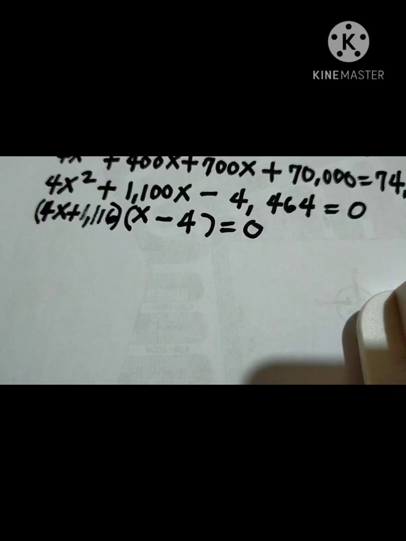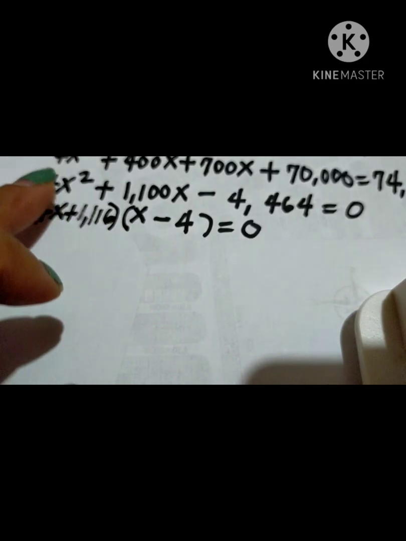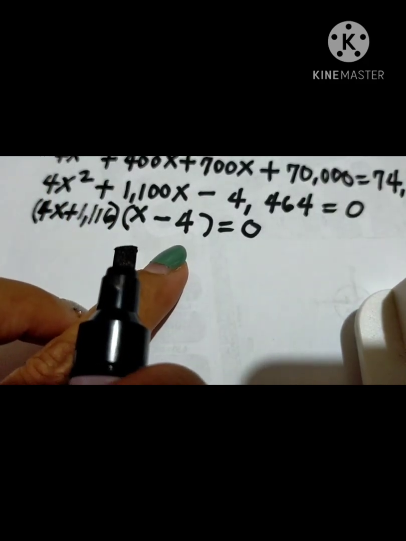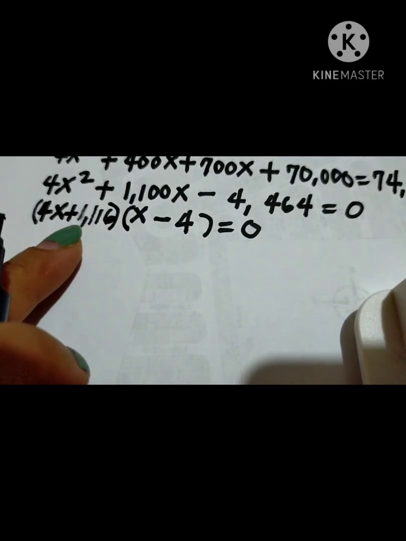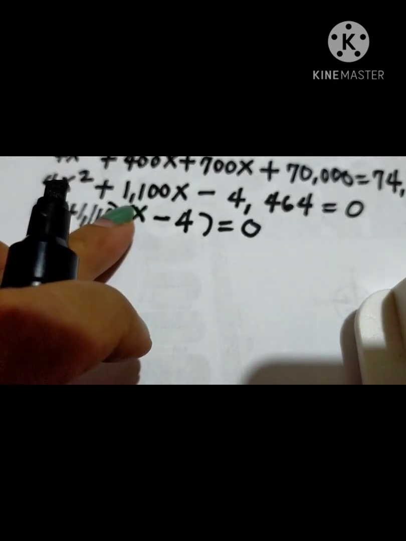If we simplify, 4x times x is 4x squared, and 4x times negative 4 is negative 16, and this is plus 1,116, which would result to 1,100 here.